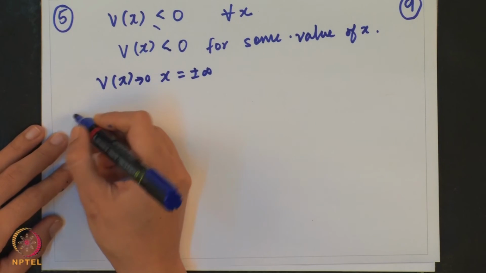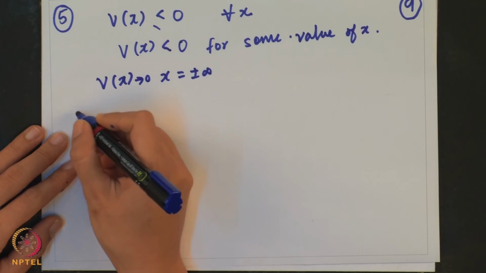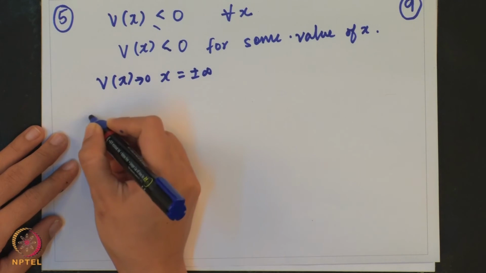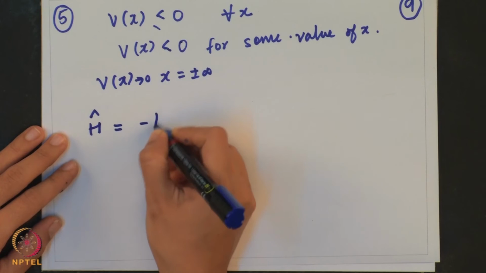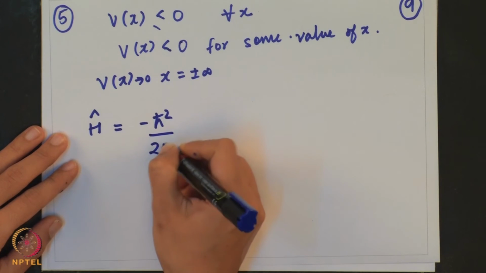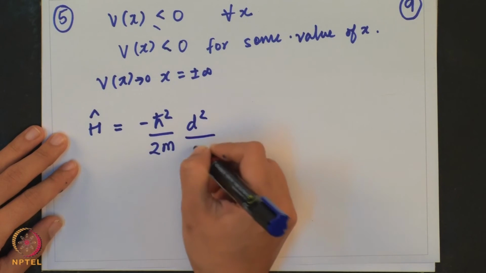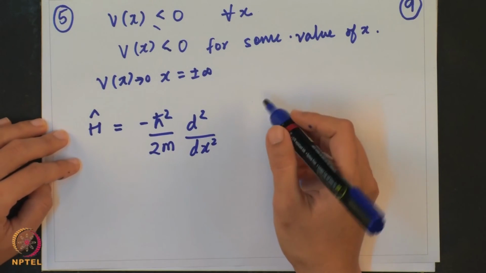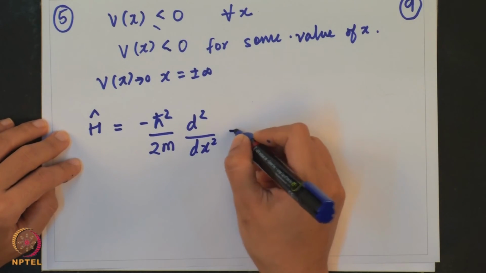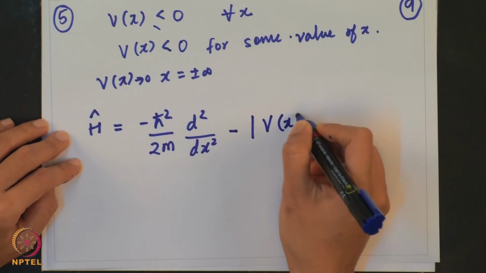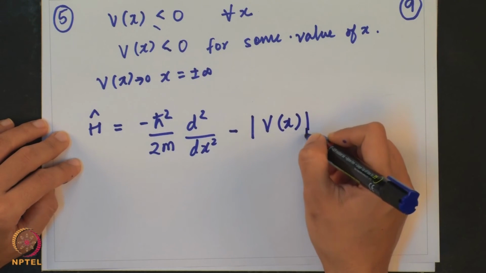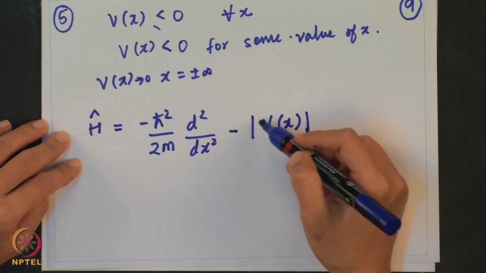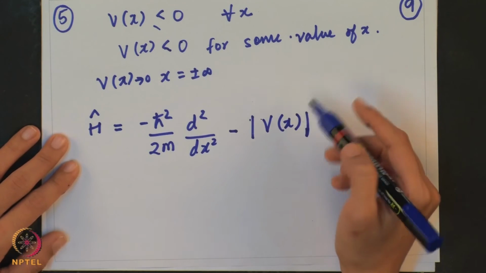Now let us write down the Hamiltonian operator. H is minus ħ² upon 2m d²/dx². Now, we are talking about the attractive potential, so let me put here minus mod of V of x, since V is negative, I have put a mod sign.